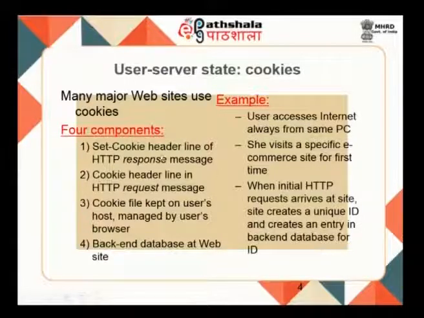It will send this cookie information as part of the set-cookie header line in the HTTP response message. Once that is done, this information will be stored in the user's browser as part of the cookie file. Then subsequently, when the user sends a request, a cookie header is added to the request, which has the information that was stored previously.